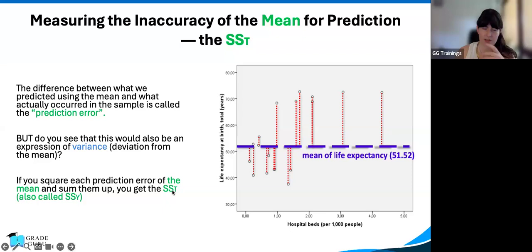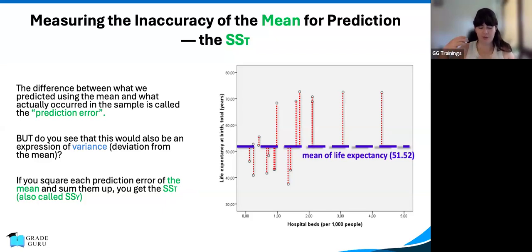I didn't actually write it here, but the SST stands for the total sum of squares. Okay. So they usually refer to it as the SST, but it's also called the SSY. I do not know why they have two different names for it. Okay, so you just need to know that they're the same thing, but it's more standard practice to say SST.